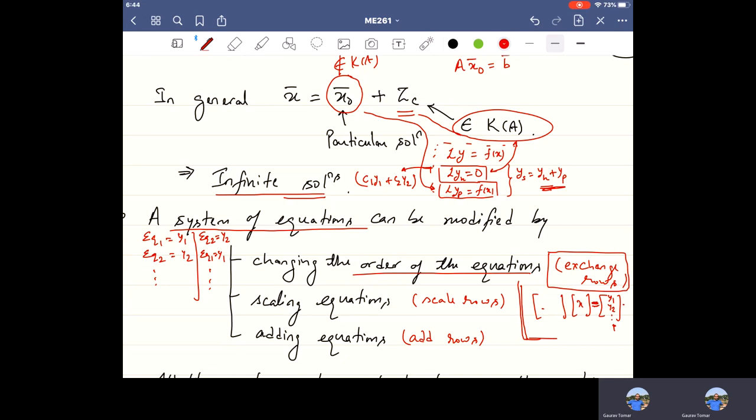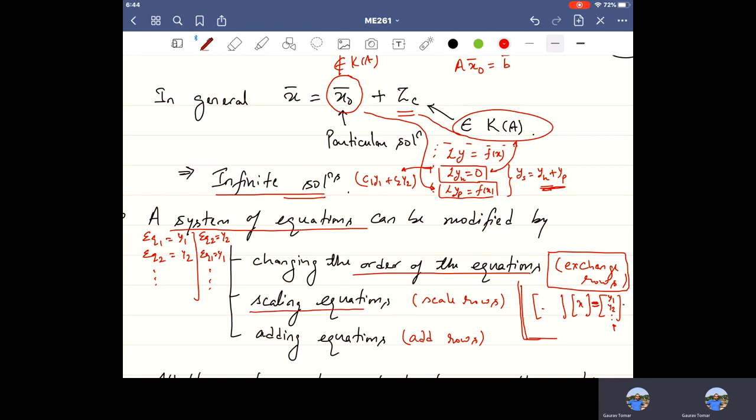That means the basic nature of the matrix representation will not change. The mapping Ax equal to y is not going to change. It is just that you have chosen, for your range of A, a different coordinate. That's what it would mean. You've changed the naming of the coordinates. You can think of it like that.